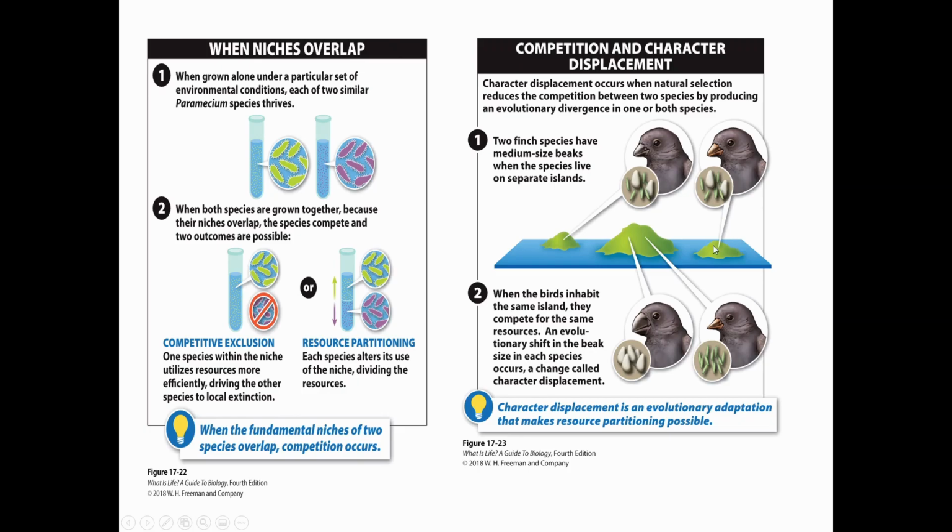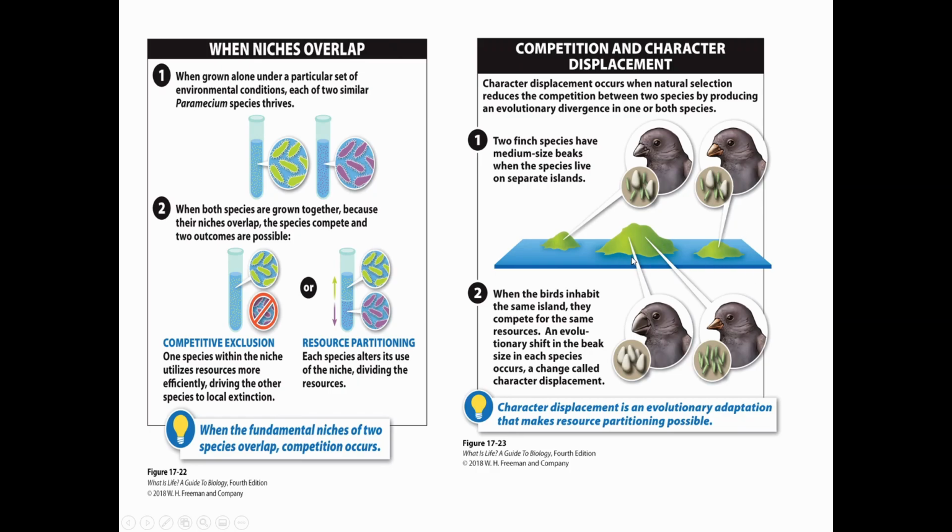On this island, you have a different species of finches. And on this middle island, you have both. And so what you see is on this island, there's no constraint, no competition. So all of these birds have kind of an average beak, and they'll eat both the large and small seeds. Same thing with this third island, this species of finches. They can eat both large and small, so they have a medium beak.